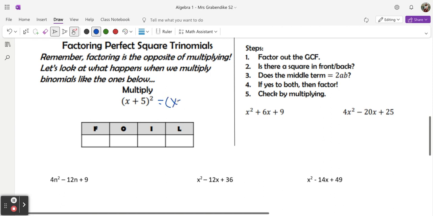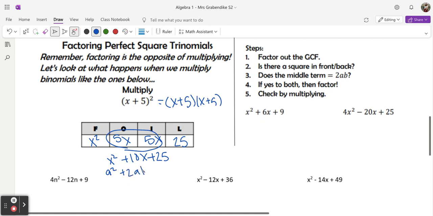So this is (x plus 5) times (x plus 5), which is x squared, 5x, 5x, and 25. Of course, we can combine those middle two terms, which is x squared plus 10x plus 25. So if you remember, it's a squared plus 2ab plus b squared.